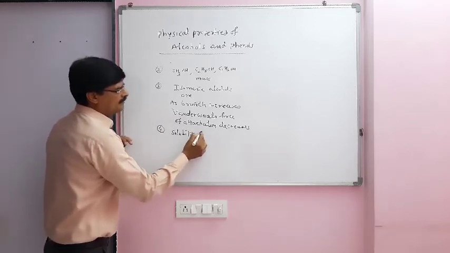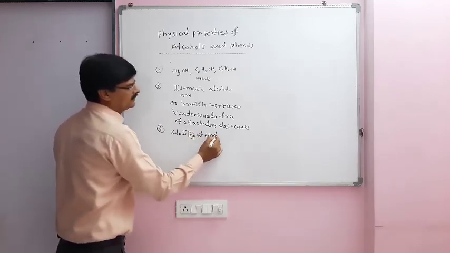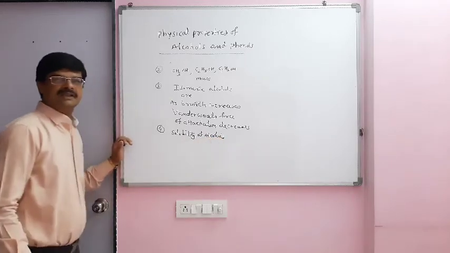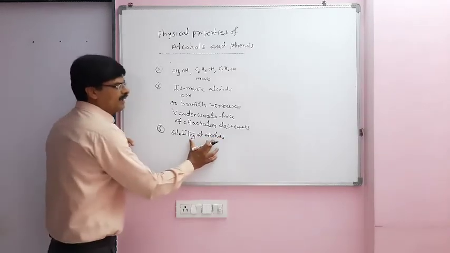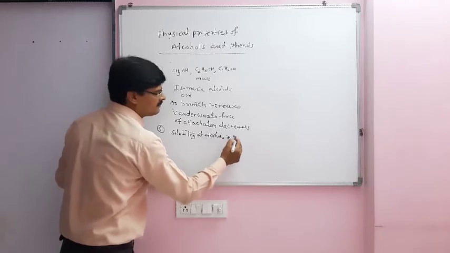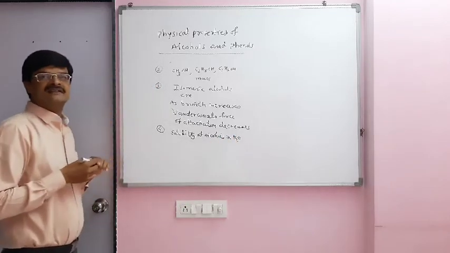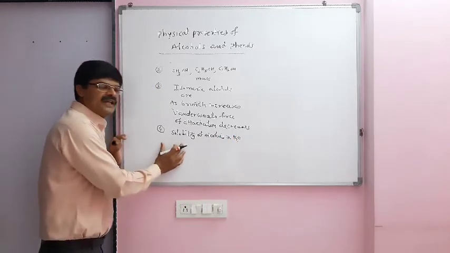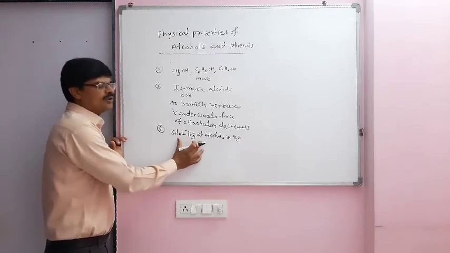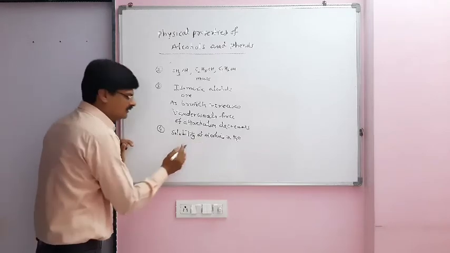Another point that we need to understand is the solubility of alcohols. If we consider the solubility of alcohols in water, then again there is H bond formation between the alcohol molecules and water molecules.